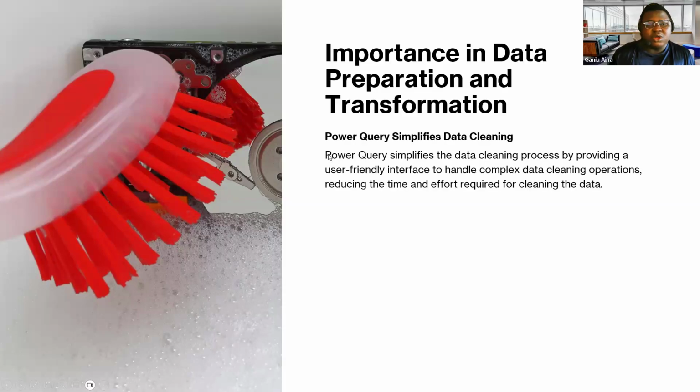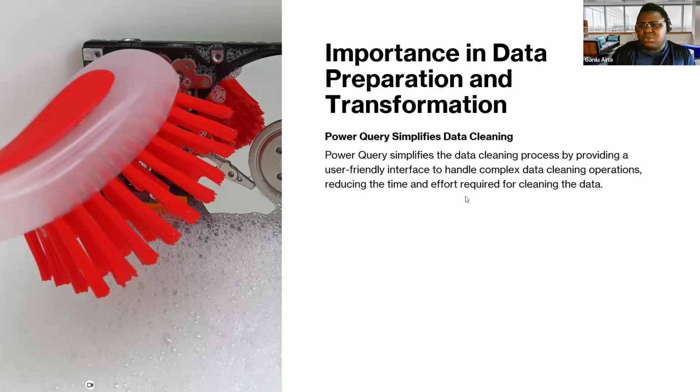One of the main reasons is Power Query simplifies this for us with its user-friendly interface, instead of writing code. For people that are using Python here, we know how hard it is. Those tools are cool and I use them a lot.